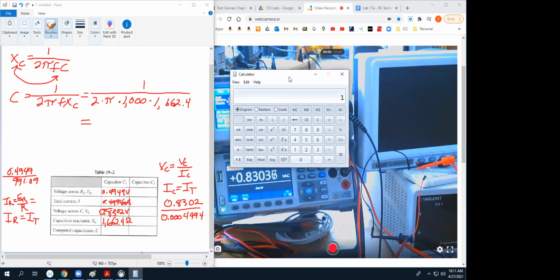One divided by 2 times pi times 1,000 times 662.4, equals.